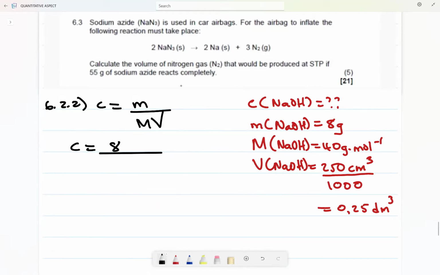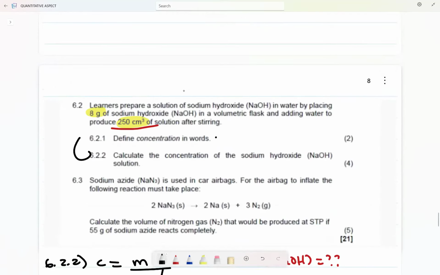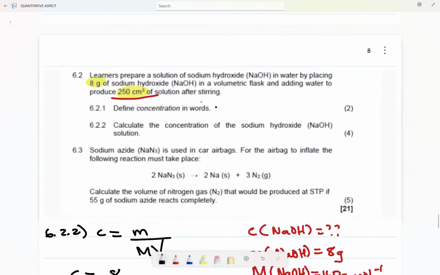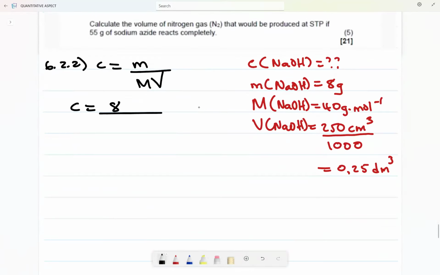Every time, they like this type of question a lot. Then when I punch my calculator or do this in my head, this is going to be 8 divided by 10, which is 0.8 mole per decimeter cubed.